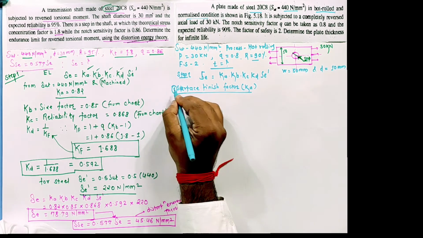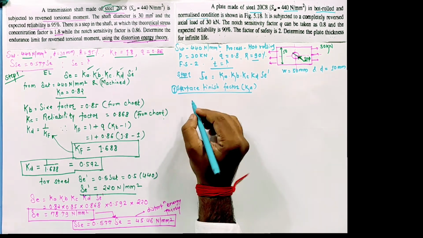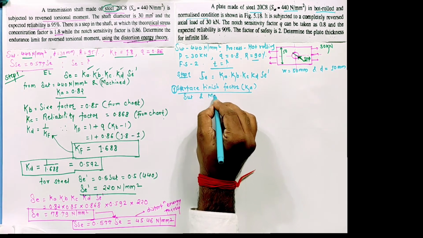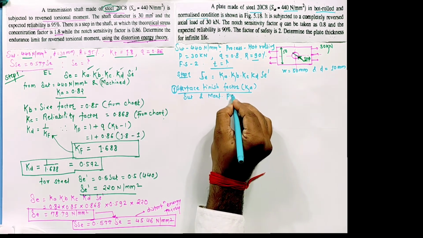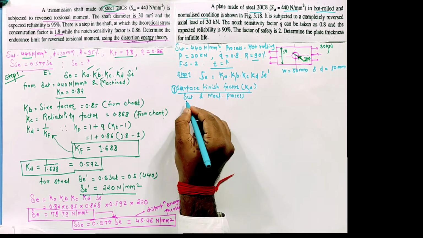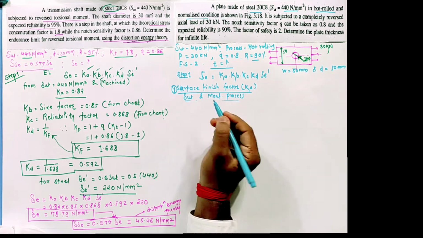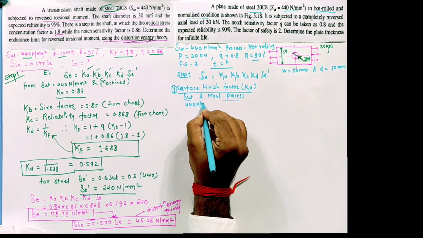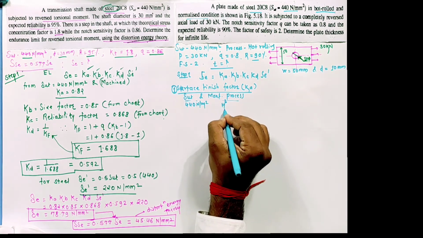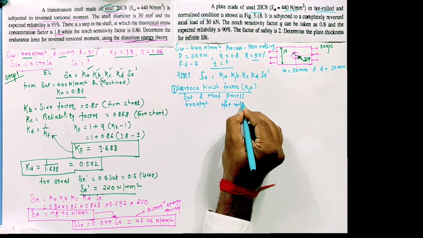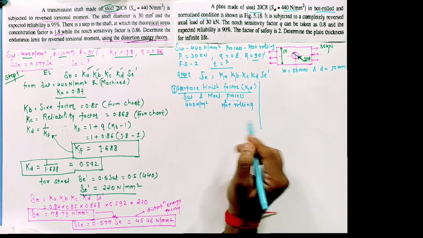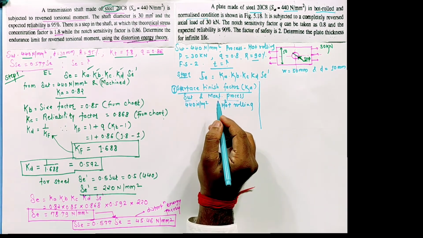This is first. For that what do we require? SUT and manufacturing process. SUT is given, manufacturing process hot rolling. SUT 440 Newton per mm square, manufacturing process hot rolling. Is that clear? So we'll move towards the chart.